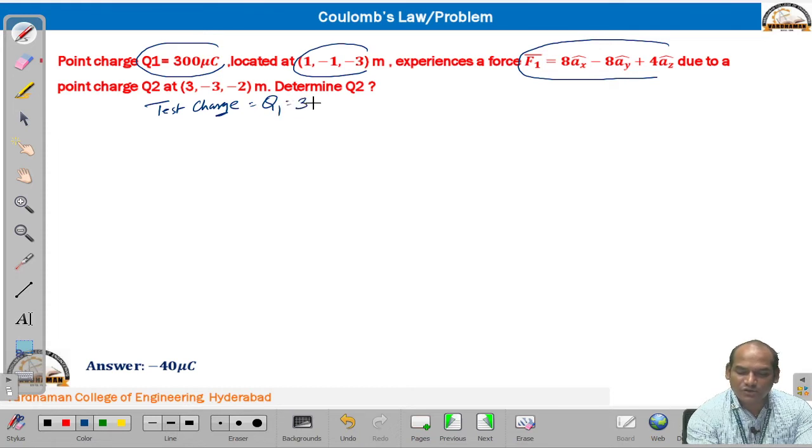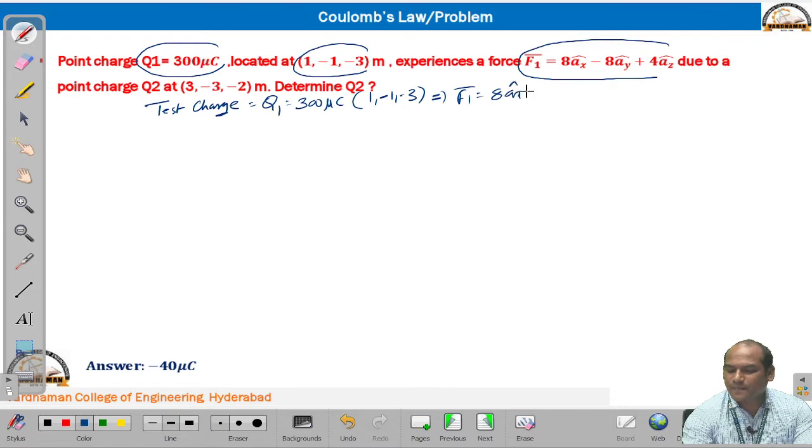Q1 is equal to 300 microcoulomb, available at (1, -1, -3). That means it is the observation position, and the force has already been given, that is 8ax minus 8ay plus 4az. What is the cause for that?